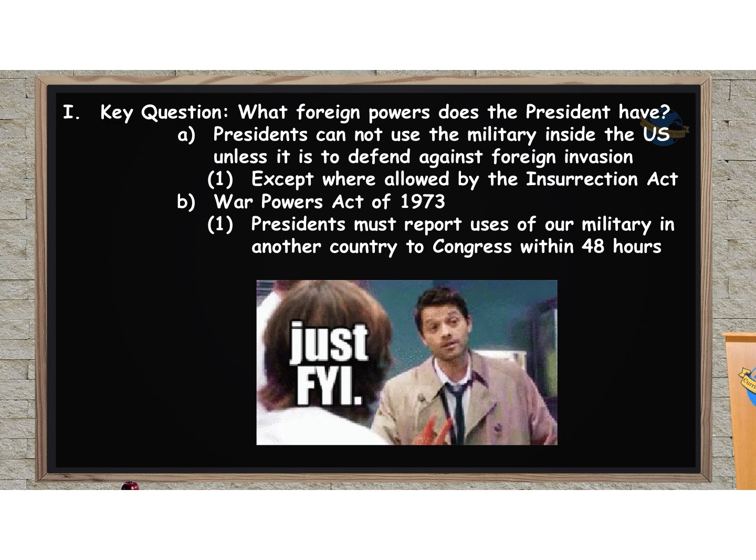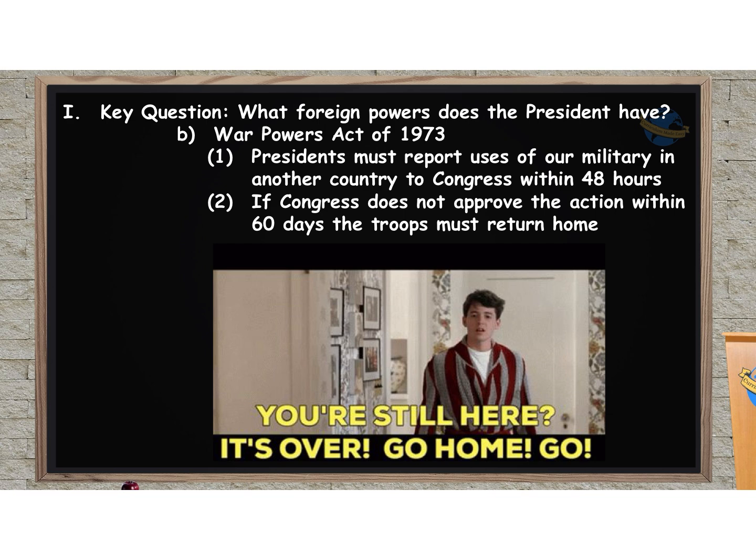Basically, the president is free to use the military to attack another country or to launch a military operation somewhere else in the world, but they have to tell Congress within 48 hours of launching the attack. Then, Congress has 60 days to decide whether or not to approve that action. If they do not give the president approval within 60 days, then the troops have to return home.